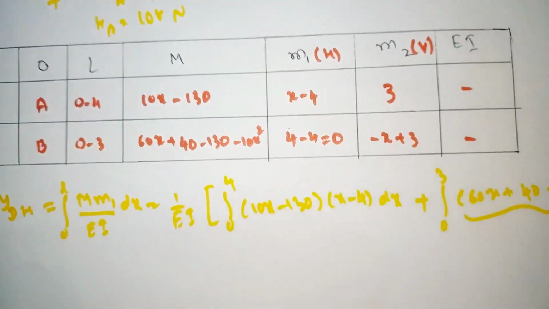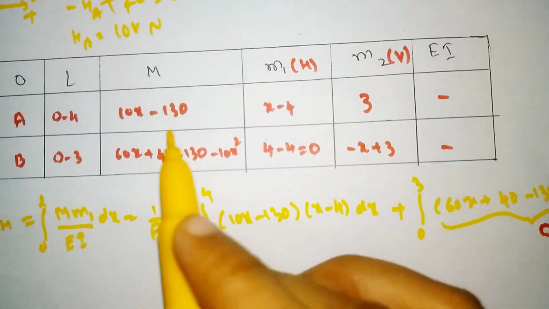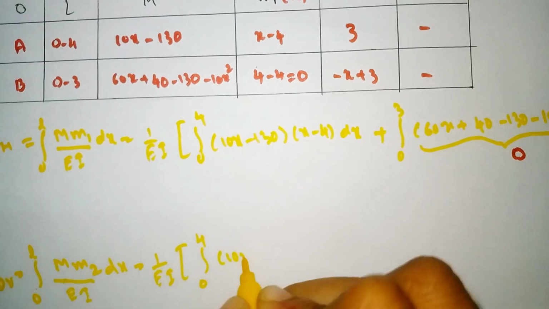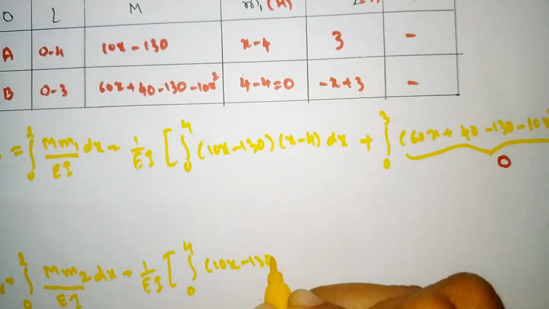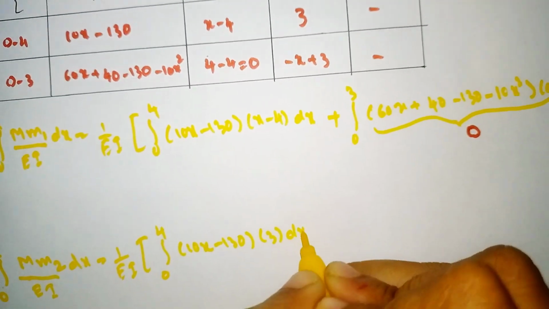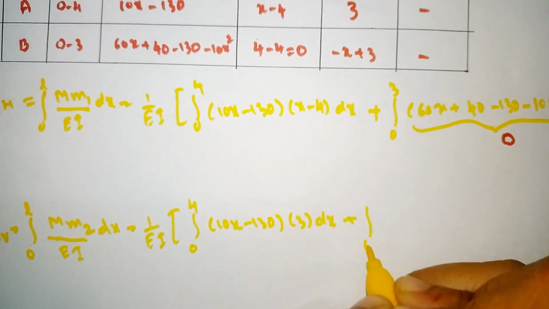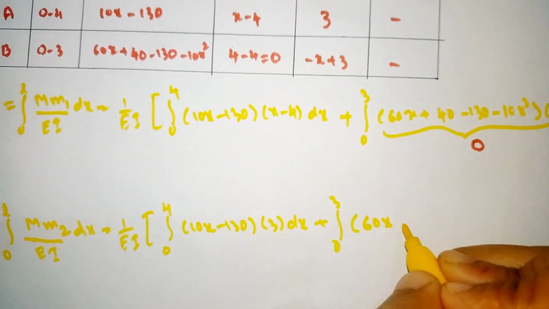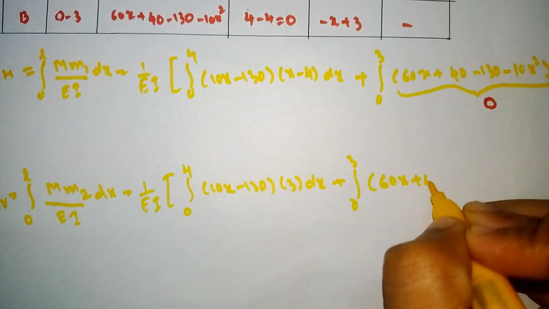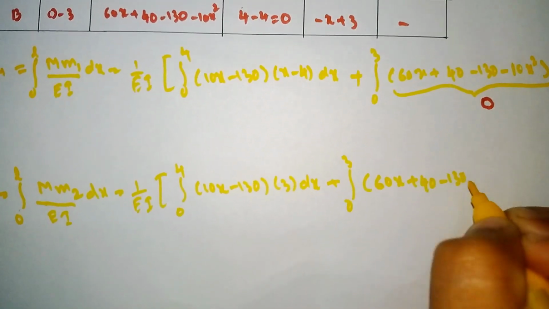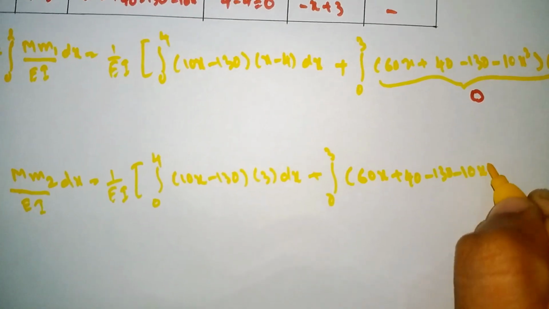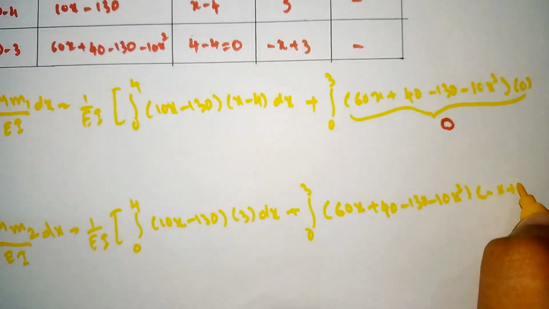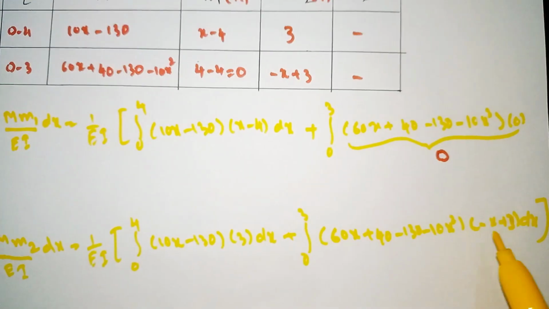So integration of 0 to 4, this into this: 10x minus 130 into 3 dx, plus integration of 0 to 3 of 60x plus 40 minus 130 minus 10x square into minus x plus 3 dx.